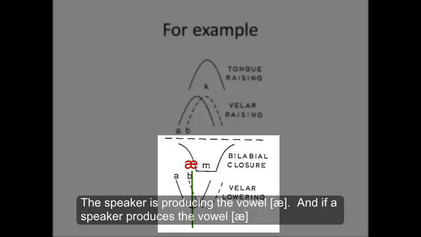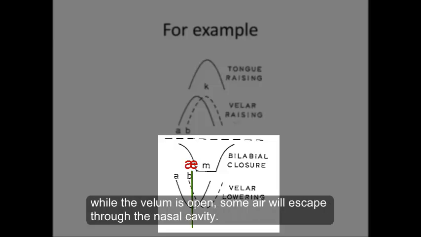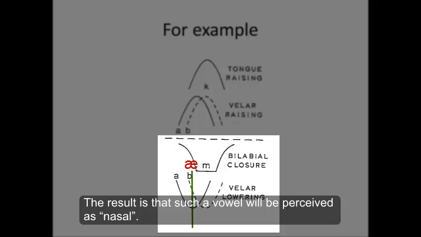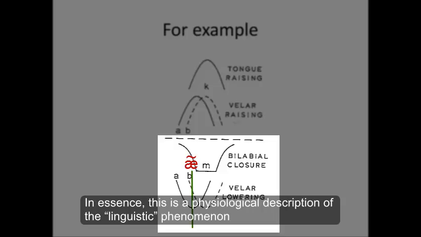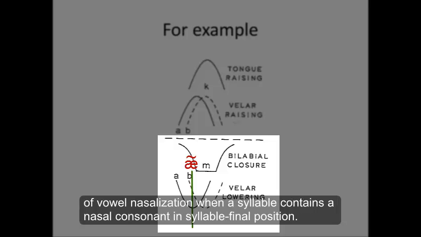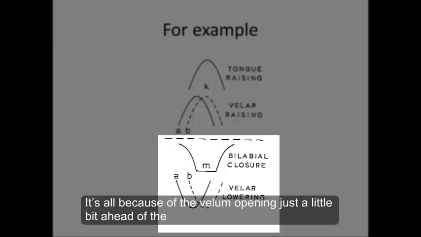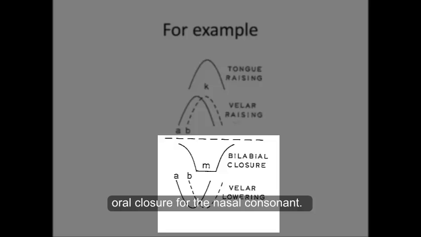And if a speaker produces the vowel a while the velum is open, then some air is going to escape through the nasal cavity. The result is that such a vowel will be perceived as nasal. In essence, this is a physiological description of the linguistic phenomenon of vowel nasalization when a syllable contains a nasal consonant in syllable final position. It's all because of the velum opening just a little bit ahead of the oral closure for the nasal consonant.